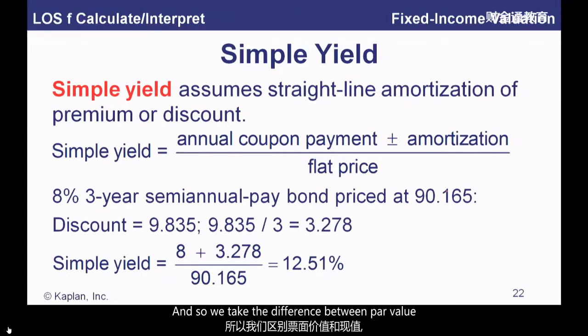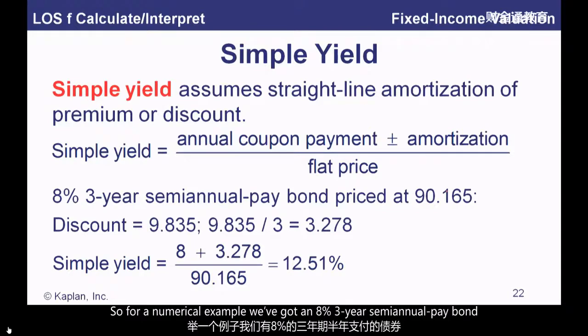And so we take the difference between par value and current value, spread that over the number of years that the bond has until maturity. And so that's what at the top where it says assume straight line amortization of the premium or discount. That just means we can take the premium or discount and divide it by the number of periods until maturity.